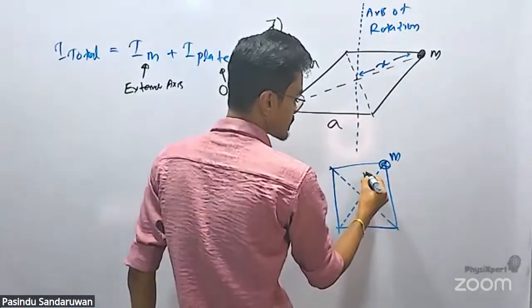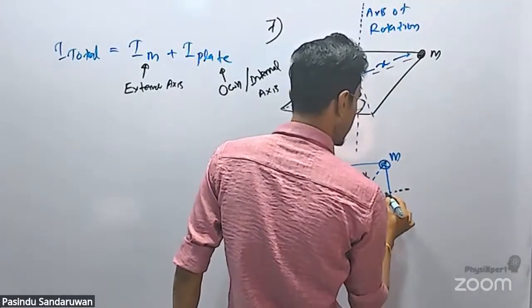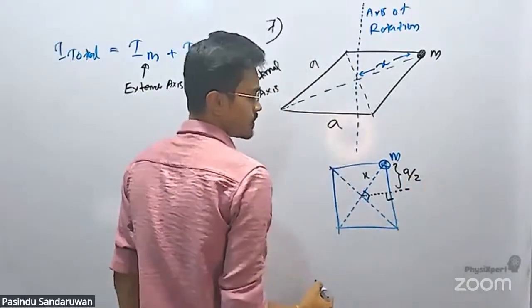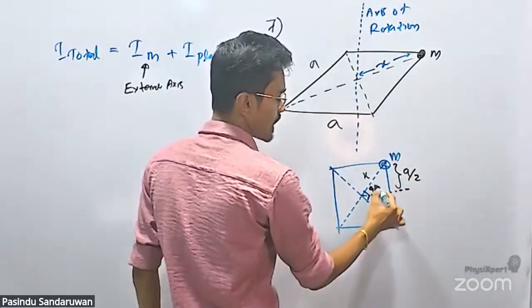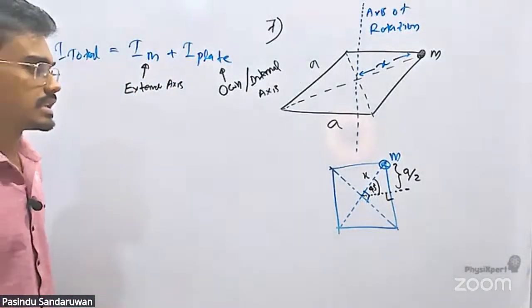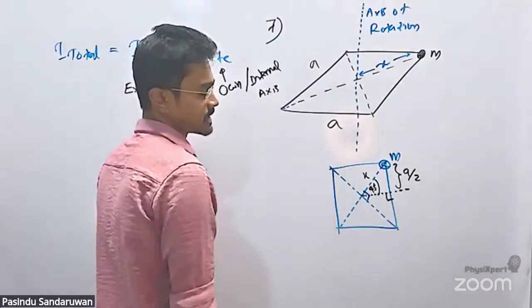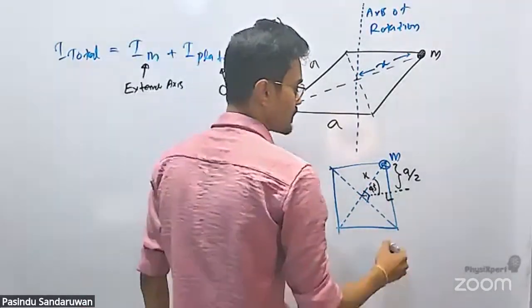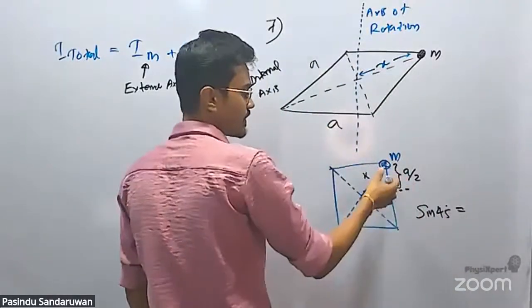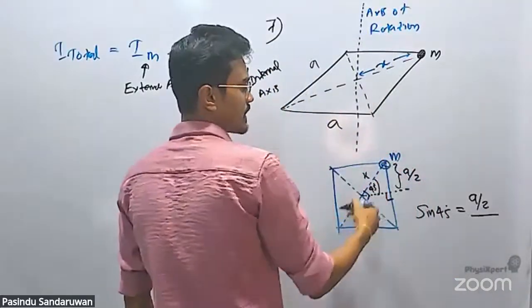Say this is x. If I draw a bisector here, this side is a over 2, and since this is 90 degrees, this angle divides to 45. Easily we can write a trigonometric ratio: sine 45 is the opposite side a over 2 over the hypotenuse x.